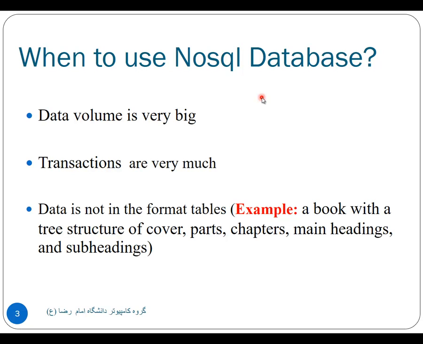The table structure is not suitable for tree structures. So for these types of data, sometimes we change our databases to NoSQL database to store data that are not in the format of tables.